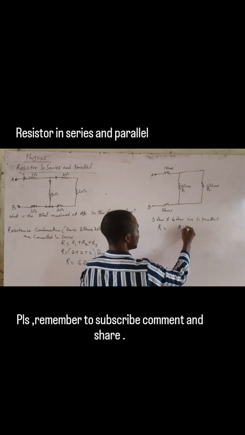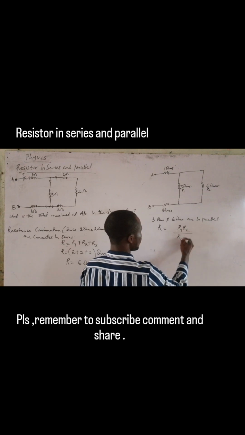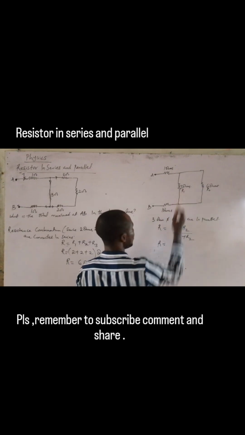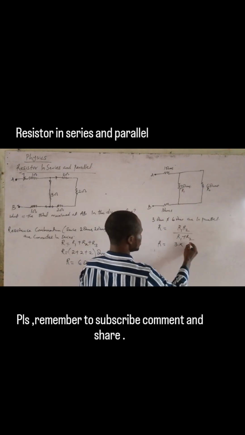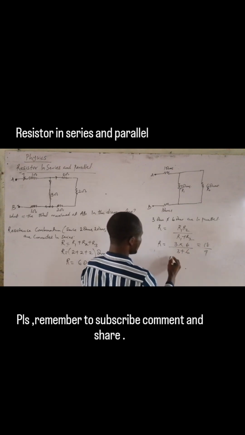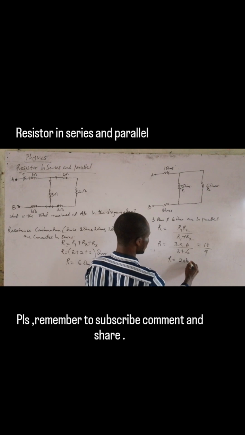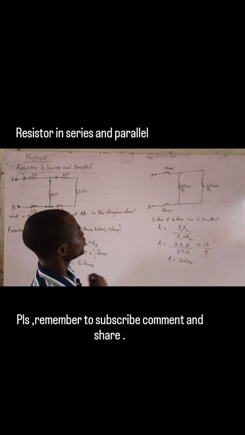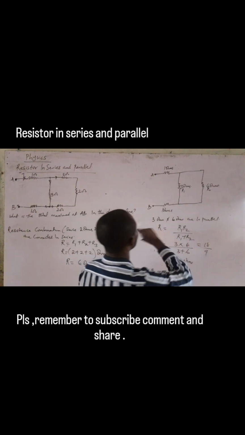So this will be R1 R2 over R1 plus R2. Then I have R equals 3 times 6 over 3 plus 6. And that will give me 18 over 9. That will give me R equals 2 what now? 2 ohms.